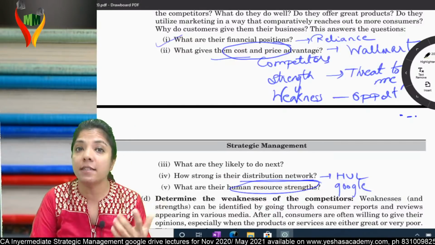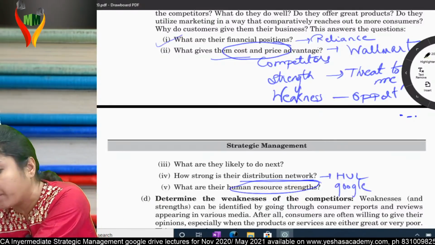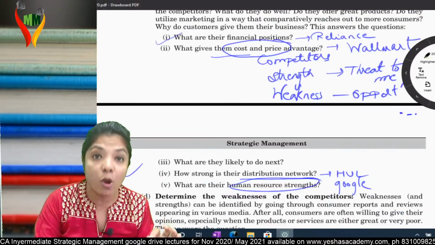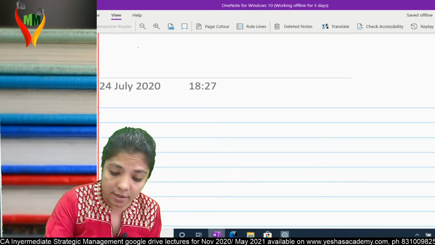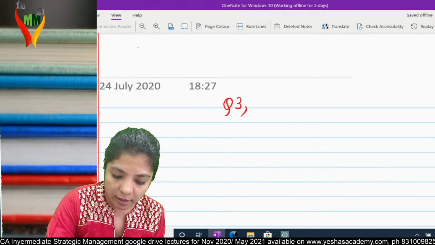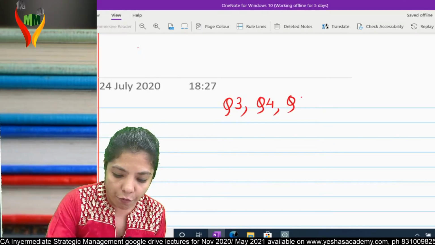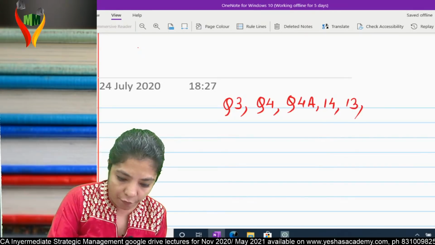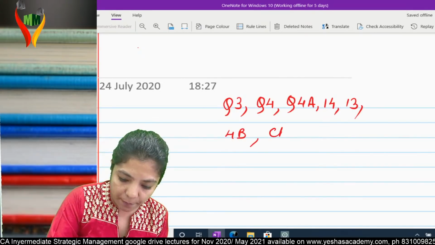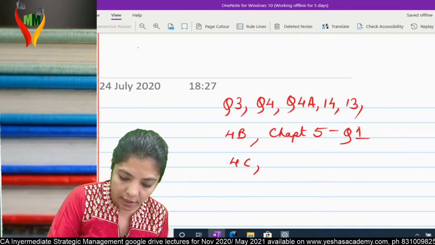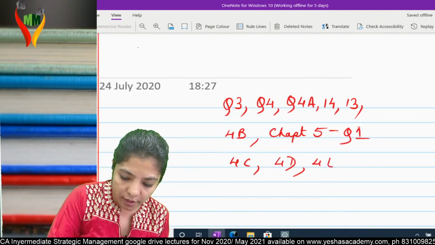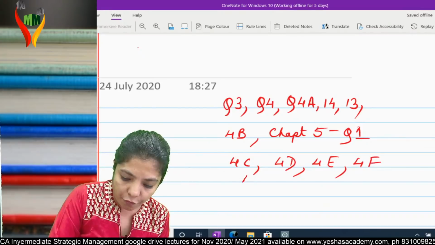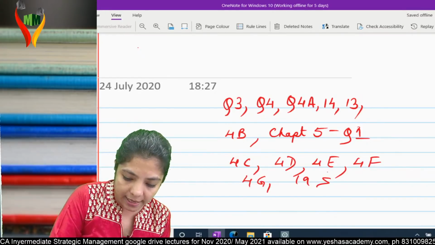I had given you the order yesterday as to which order we will go. The order is we will be doing question number 3, then question number 4, 4A, 14, 13, then 4B, then chapter 5, question number 1, 4C, 4D, 4E, 4F, 4G, 19 and 20.